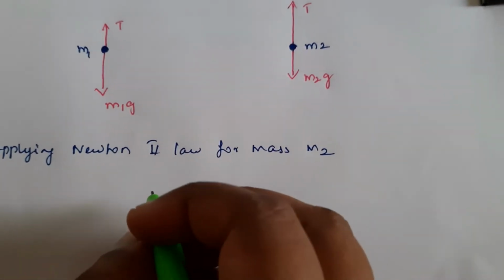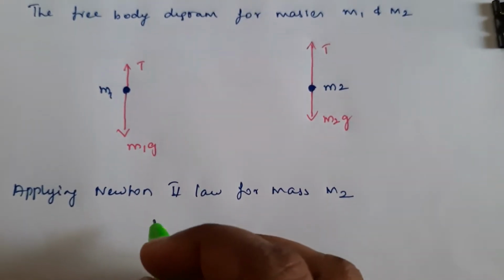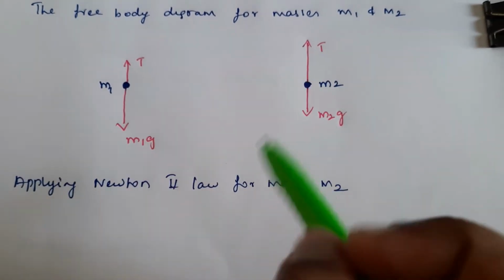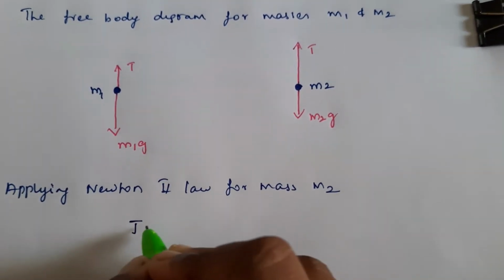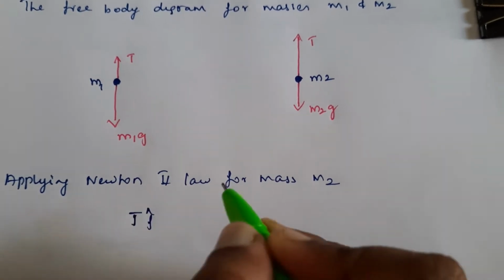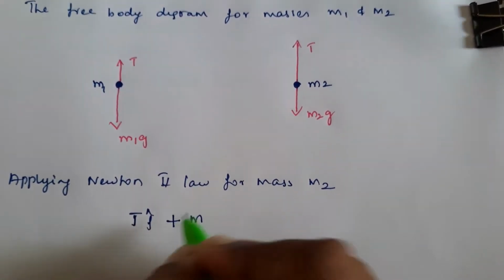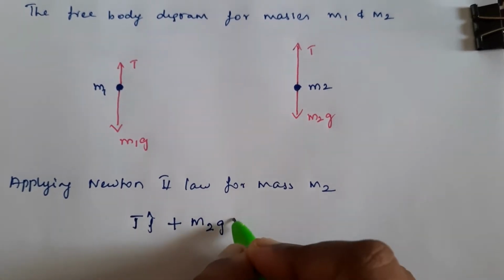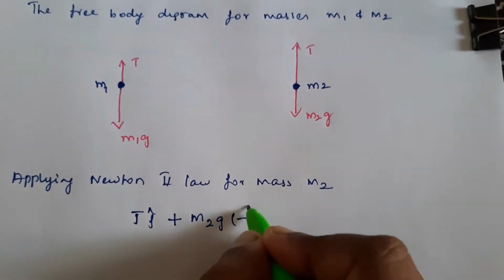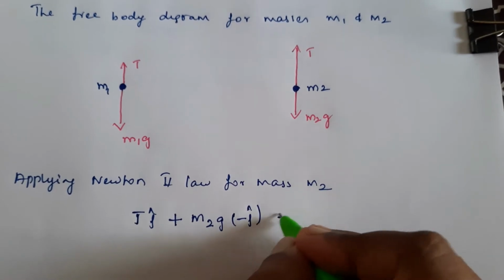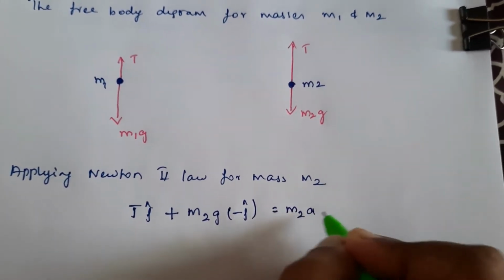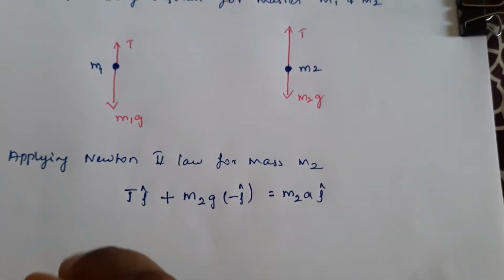So I can write the forces acting on m2: T into positive j vector, plus m2g into minus j vector, which is equal to m2a j vector.